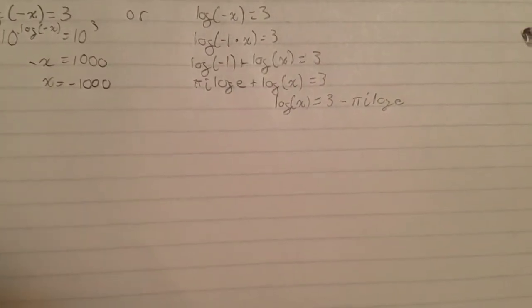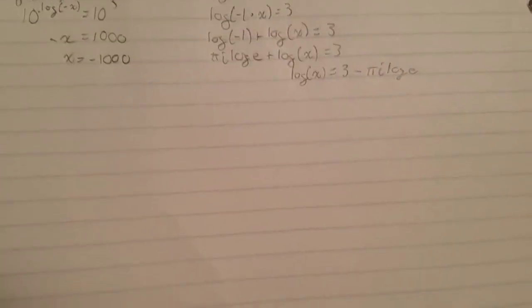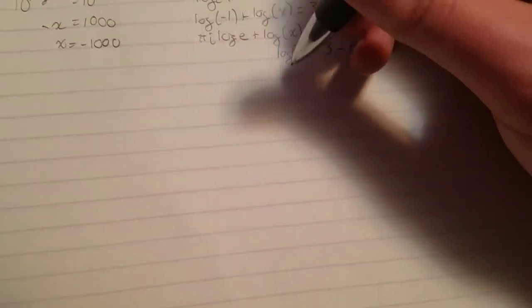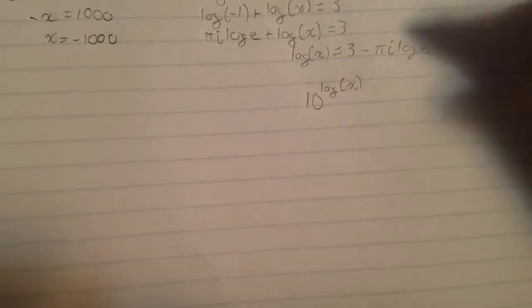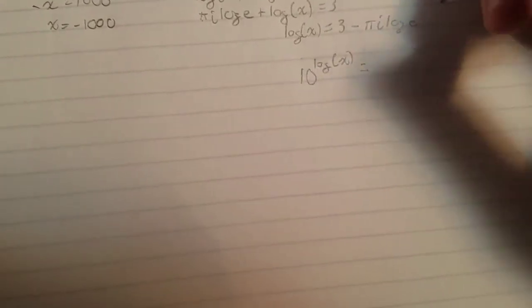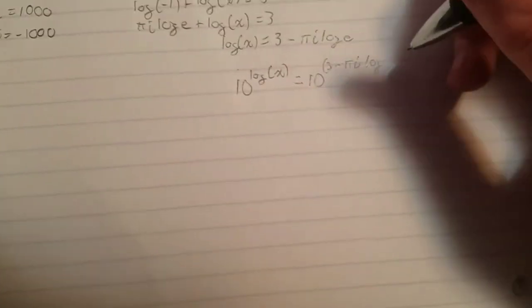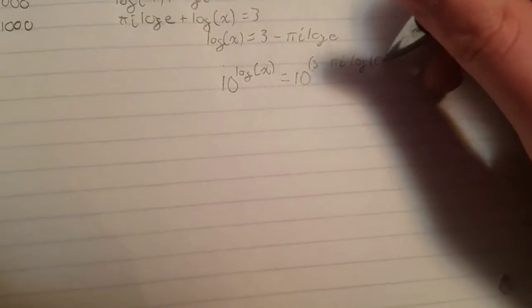If you guys are very familiar with logs, you know this is going to be weird, but trust me, it's really not. So let's raise everything to the base. So this is log base 10. So 10 to the log base 10 of x equals 10 to the 3 minus pi i log e.